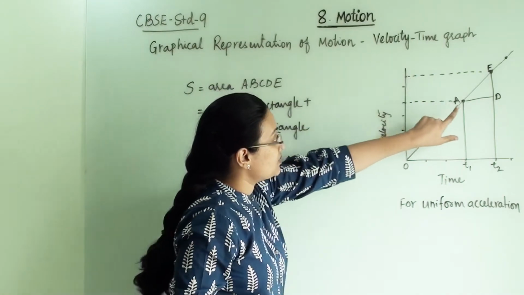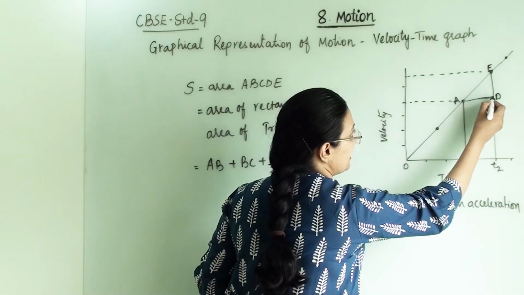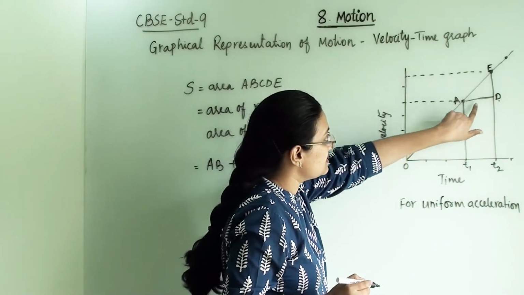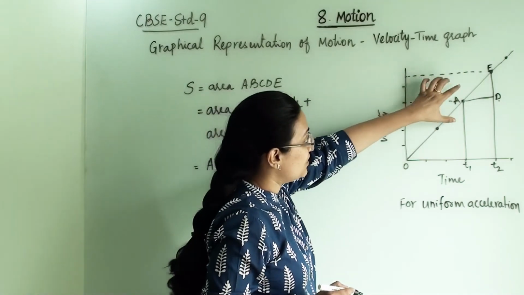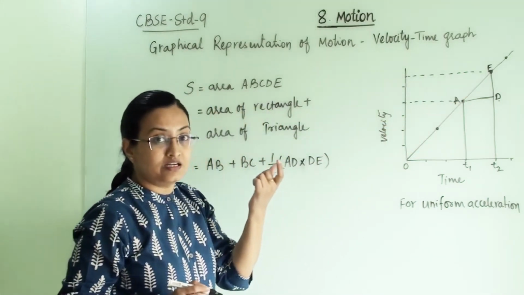So here we got this big rectangle. We divided this and gave one point, D. So now this is divided into one triangle and one big rectangle.